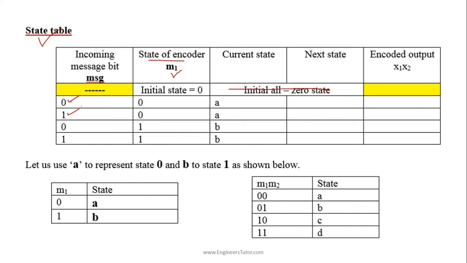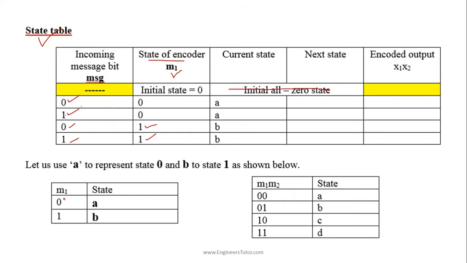See here, for the initial state 0, if the incoming bit is 0, it stays in the 0 state. If the incoming bit is 1, from the initial state 0 we move to the other state. Because it is a binary convolutional encoder, we have only 2 possibilities: the incoming bit may be 0 or 1.